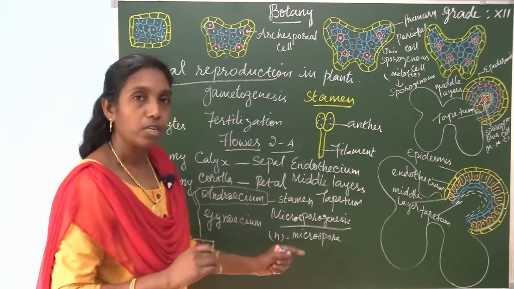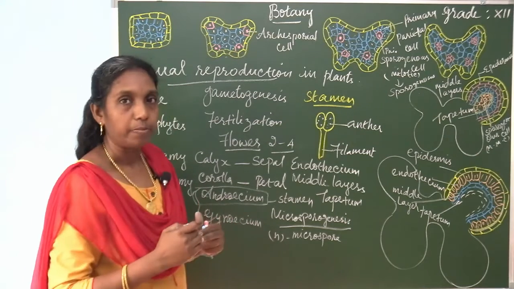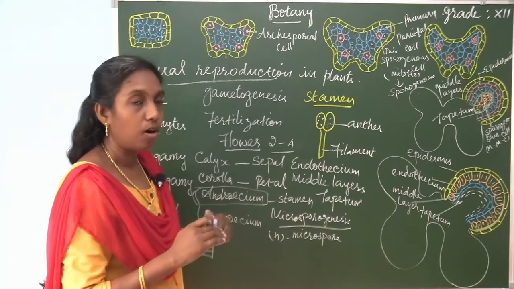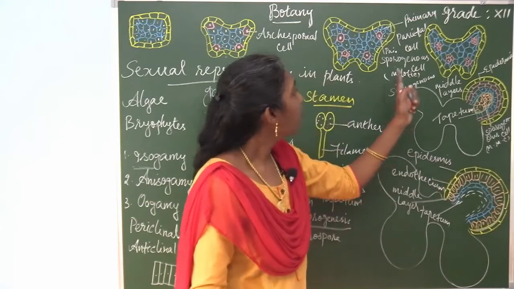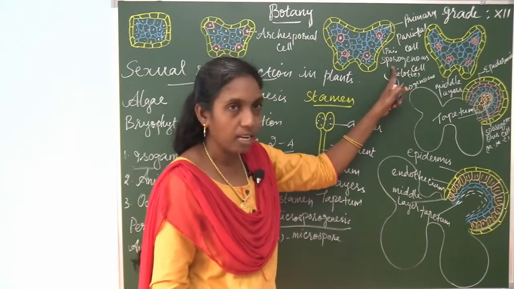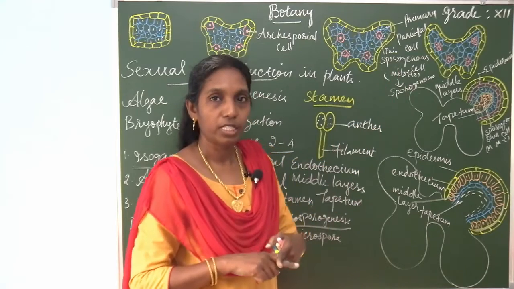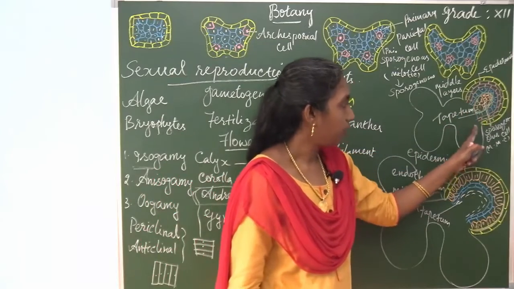The microspore is formed by meiotic division of the microspore mother cell. How does this microspore mother cell form? From the primary sporogenous cell, mitotic division takes place, so it becomes sporogenous tissue.